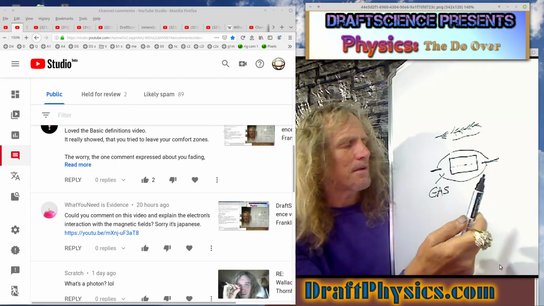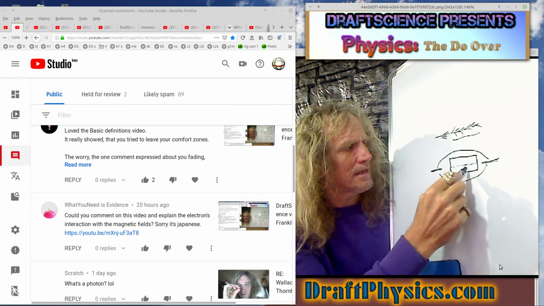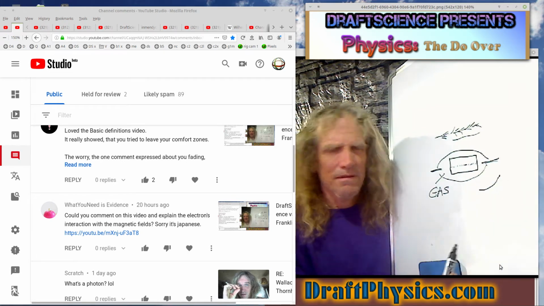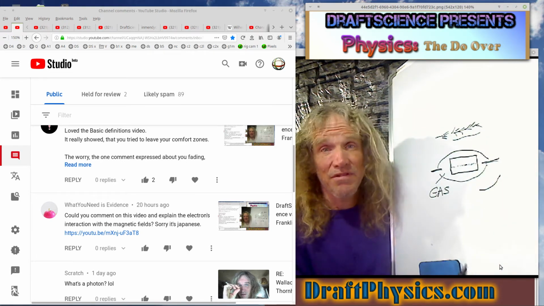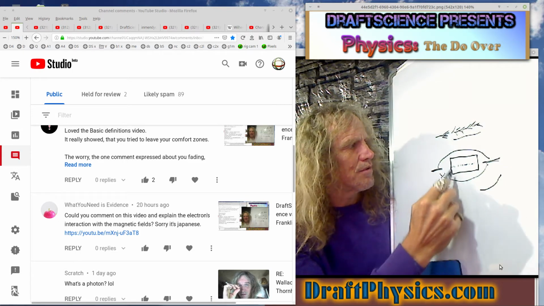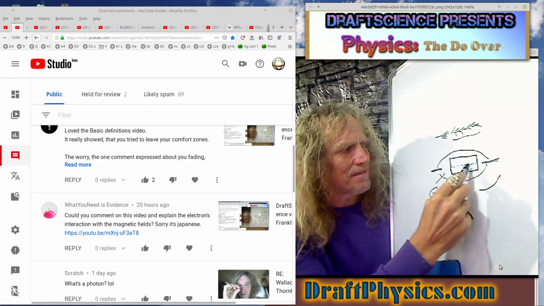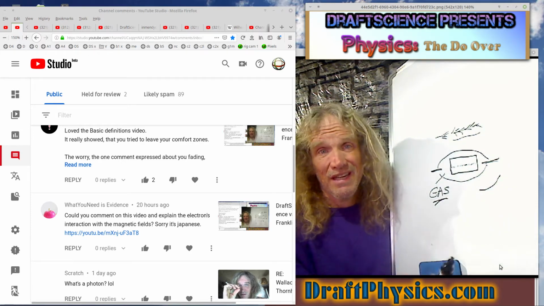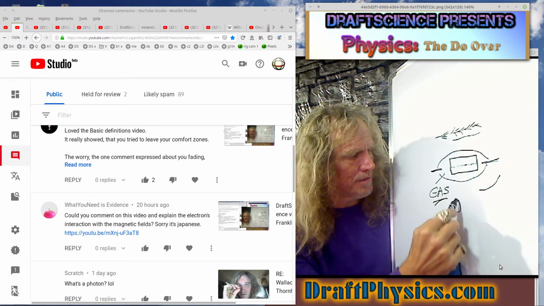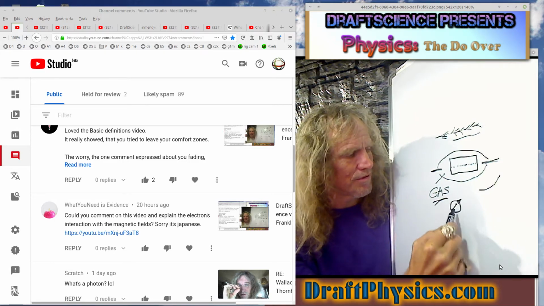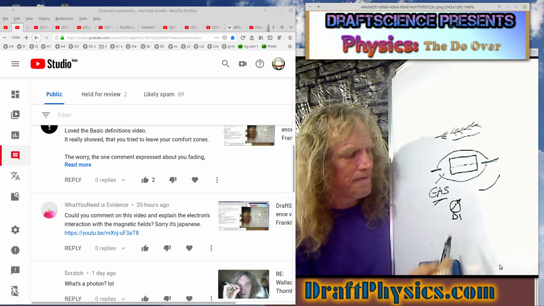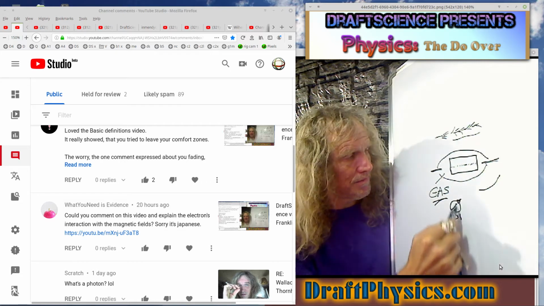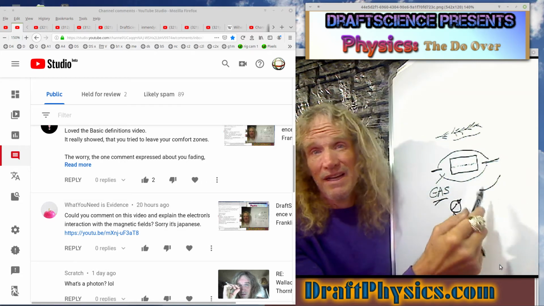But sometimes they'll put a magnet in and the beam will go up. You'll say, why is that happening? It shouldn't be going up. And that's usually when they're not using the fluorescent film, but they're using just a gas in there. And what you're seeing is the atoms of the gas are actually being polarized. So they're still dipoles. And so they're not going to move like an electron would move.